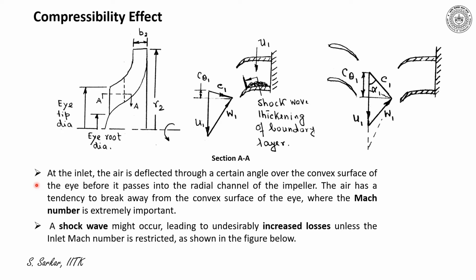The air has a tendency to break away from the convex surface of the eye, where the Mach number is extremely important. A shock might occur, leading to undesirable increase of losses. Thereby, the inlet Mach number needs to be restricted as shown in the figure.